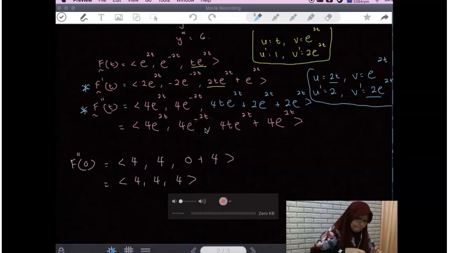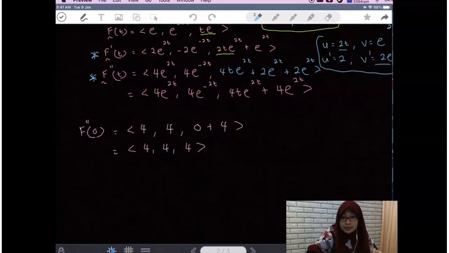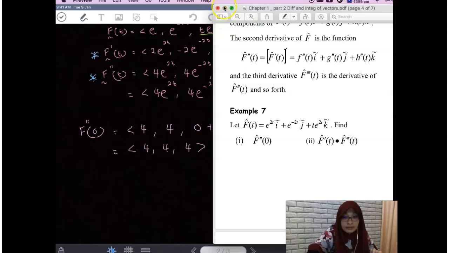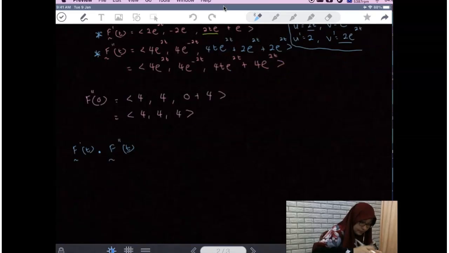So, the dot product between f prime of t and f double prime of t.